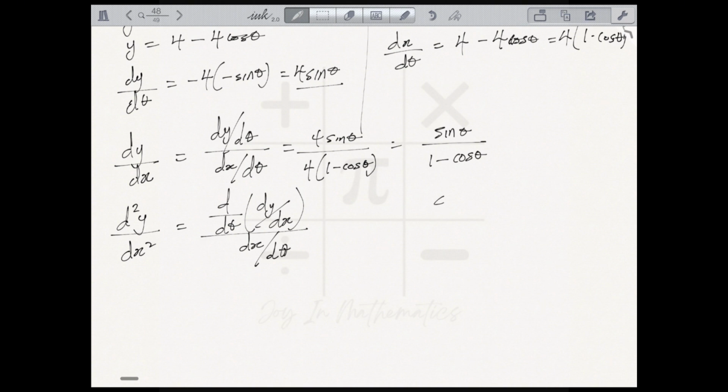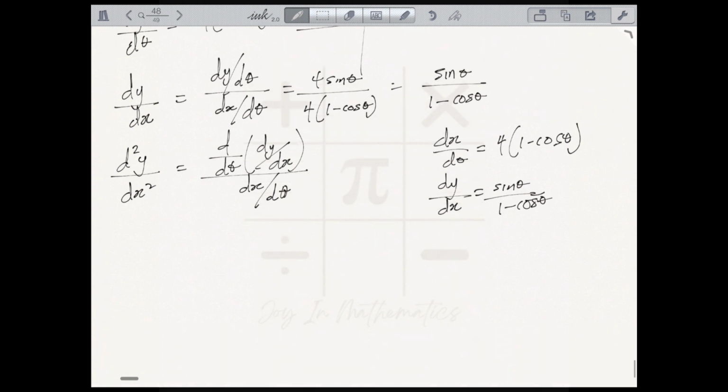Now we know that dx/d theta is 4 into (1 minus cos theta), and our dy/dx is sine theta over 1 minus cos theta. Now let's differentiate with respect to theta of dy/dx. That's differentiating with respect to theta of sine theta divided by 1 minus cos theta.